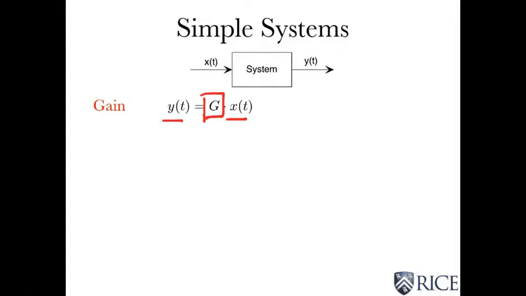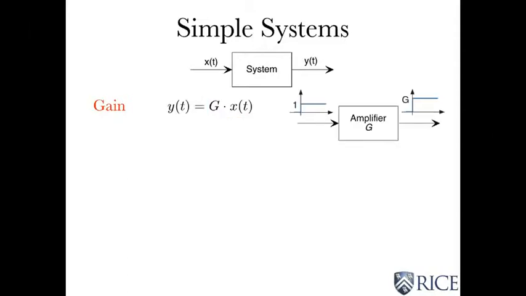It just takes the input, multiplies it by a number, and that's its output. You can use the unit step as an example input to see how this works. The input here, as I've drawn it, is a unit step, and then the output is the same unit step, except it's now got an amplitude of g instead of 1, whatever that is.